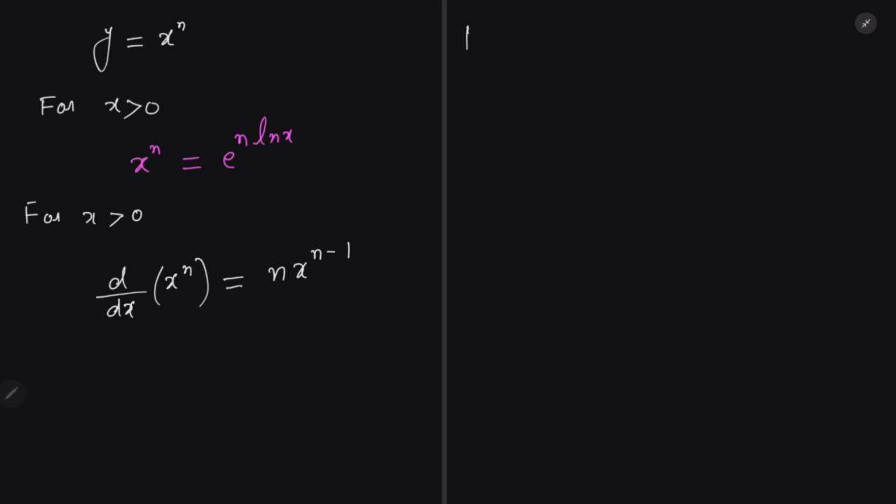Proof. d by dx of x^n will be equal to d by dx of e raised to power n natural log of x. When we differentiate the right hand side, we have to apply the chain rule.